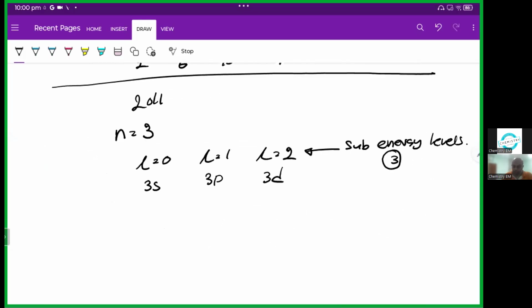Then we are asking about number of orbitals. Orbitals means the orientations also should be there, right? That means ML values we are asking about. Here L is equal to 0, ML is 0; here ML is -1, 0 and +1; for L equal to 2, ML is -2, -1, 0, +1 and +2.